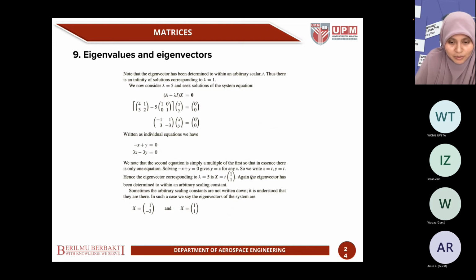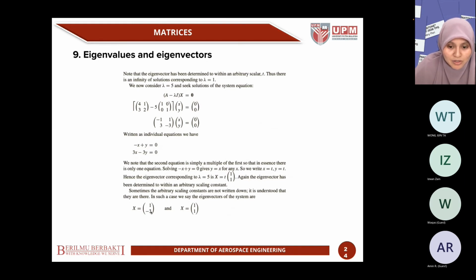So you solve it and you get y equals x for any number x. So we can write x equals t, so y will also equal t. Hence, the eigenvector corresponding to lambda equals 5 is t times the vector 1, 1.